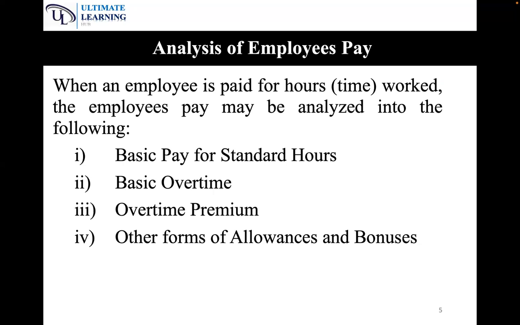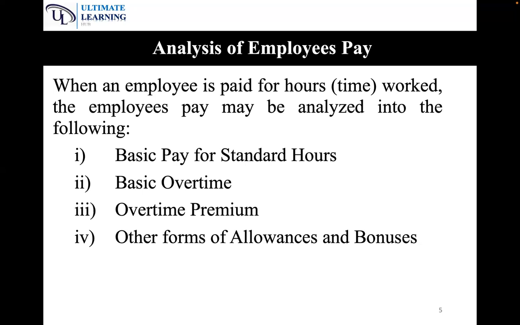Now, I remember I gave an example. If in a day, an employee is normally supposed to work 8 hours, say from 8 in the morning until 4, how many hours are those? 9, 10, 11, 12, 1, 2, 3, 4. Yes, that means he is supposed to be working 8 hours in a day.